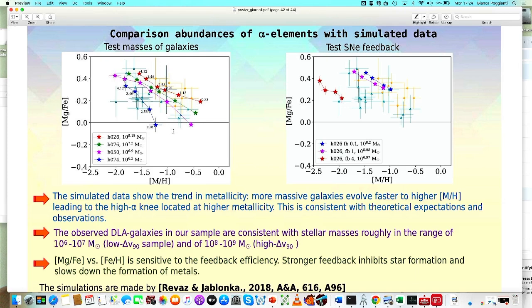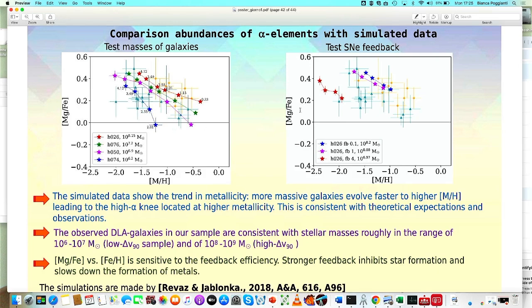And the observed galaxies in our sample are consistent with stellar masses roughly in the range of 10^6 to 10^7 solar masses in case of the low delta V90 sample, and 10^8 to 10^9 in case of the high delta V90 subsample.